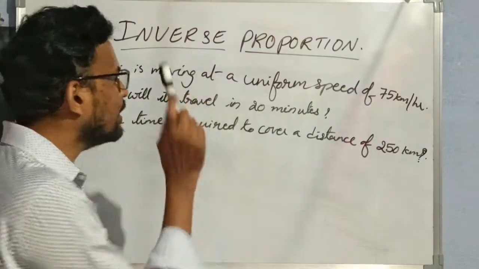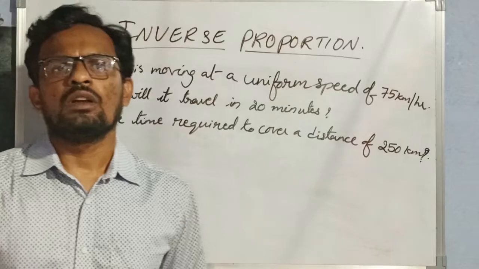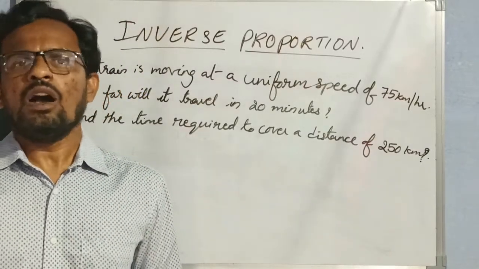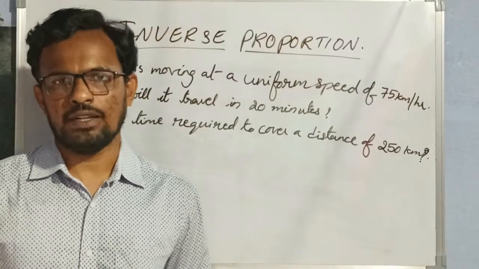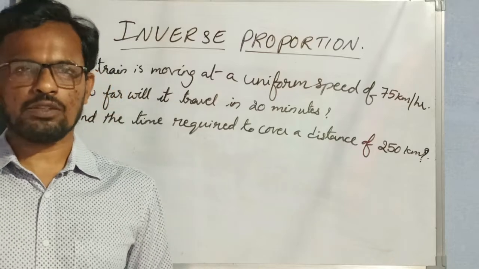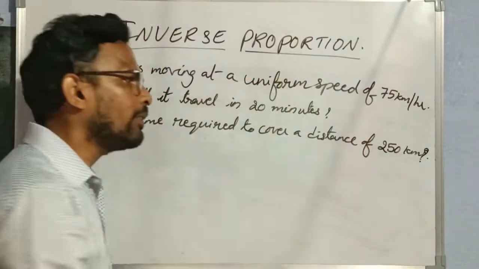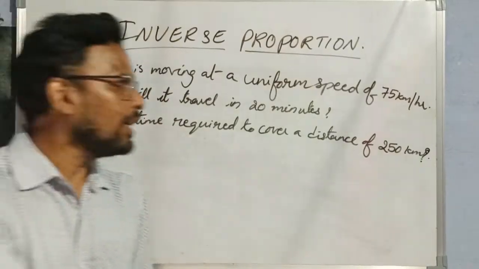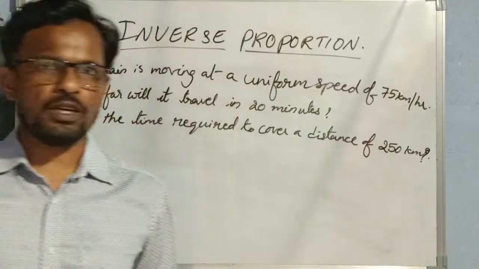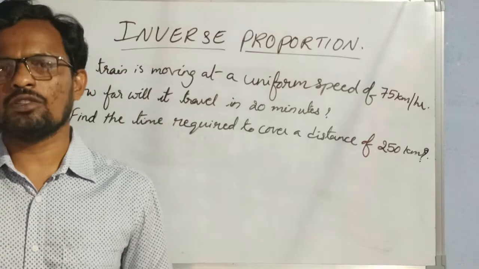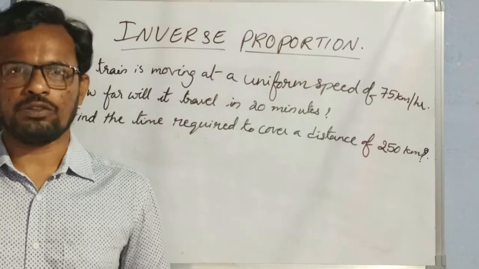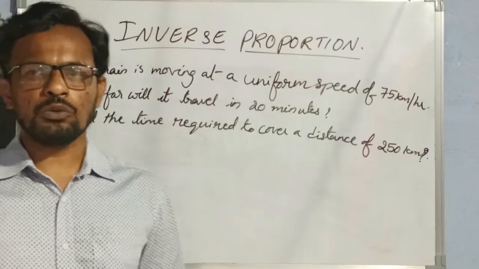How far will it travel in 20 minutes? In the first 20 minutes, how much distance has it traveled? That we need to find out. Next question. Find the time required to cover a distance of 250 kilometers. So if the total distance travelled by the train is 250 kilometers, in what time does it reach the 250 kilometers, we also have to find out. Clear? These are our two questions.